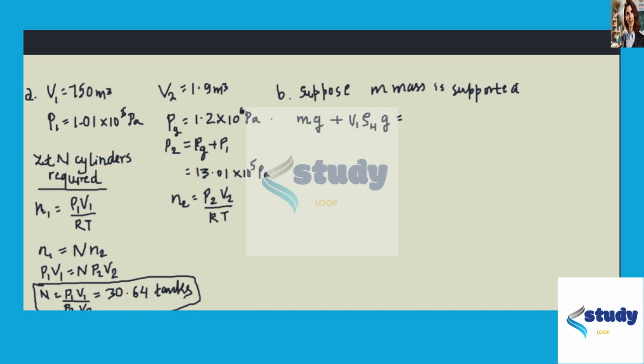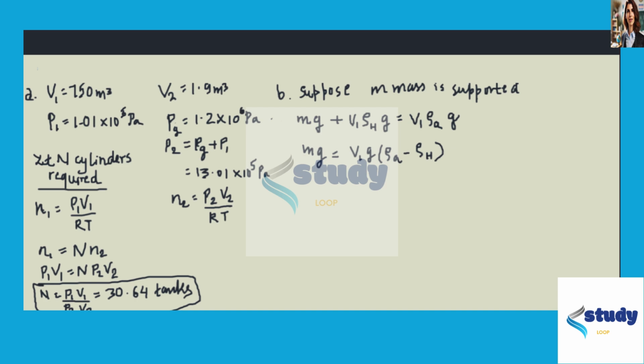The volume of air displaced is the volume of the balloon itself, and the density of air is rho a. So what we want to determine is mg. So mg is equal to V1 g (rho a minus rho h).